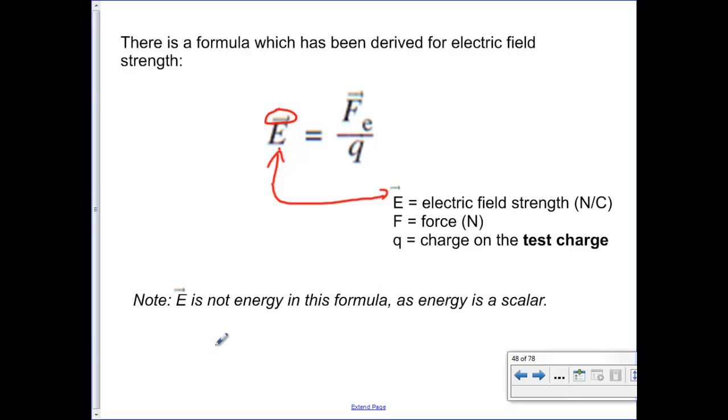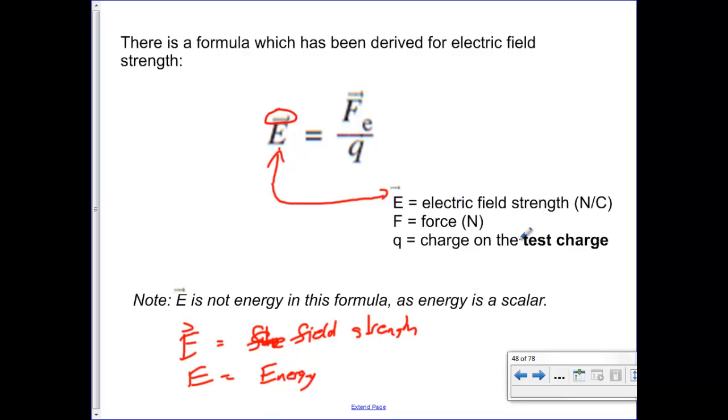Energy is vectorless. So E with the little hat means field strength. E without a line, energy. You're going to have to be really careful with some of these formulas because there is a formula we're going to learn tomorrow which has energy involved.